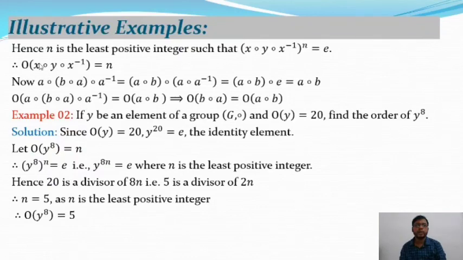The order of y and the order of x composition y composition x inverse are the same. So the order of B composition A is equal to the order of A composition B. Hence the proof of the second part of the given problem: the order of B composition A is equal to the order of A composition B for all A, B belonging to G.